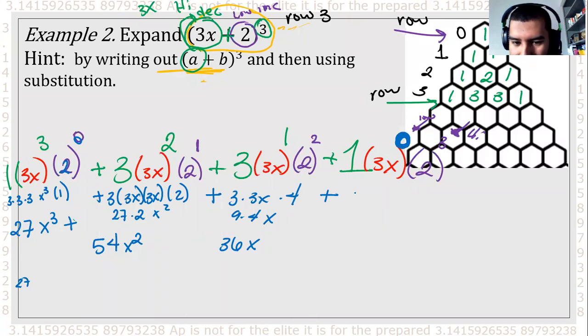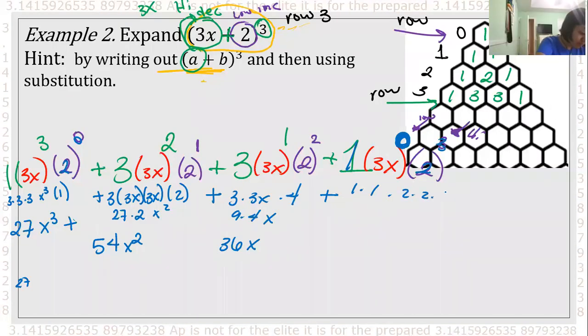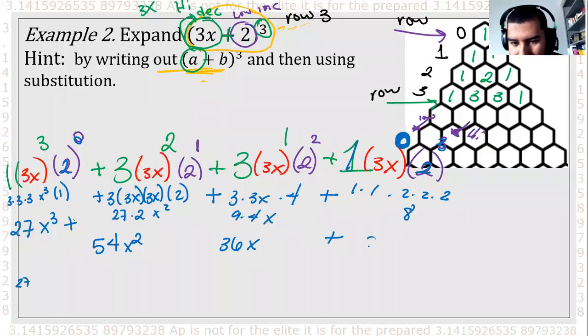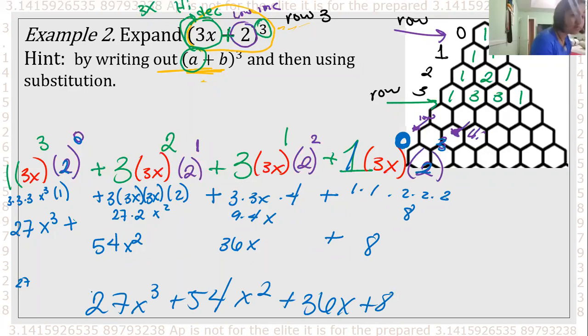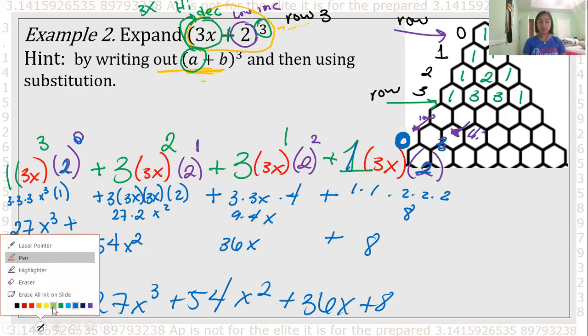So this becomes a 1, and this becomes 2 to the 3rd power. That's 2 times 2 times 2. That gives me an 8, I believe. So my answer should be 27x cubed plus 54x squared plus 36x plus 8. That's my solution.